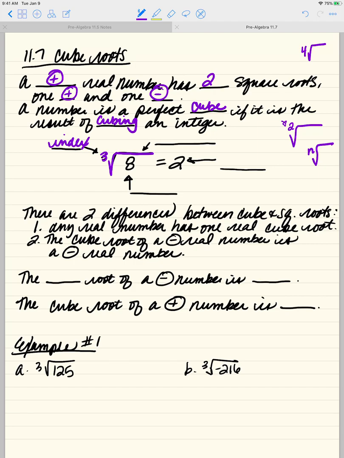The 8 in our example here, again, we've defined this before, but this is our radicand. And then, of course, we have our radical sign.